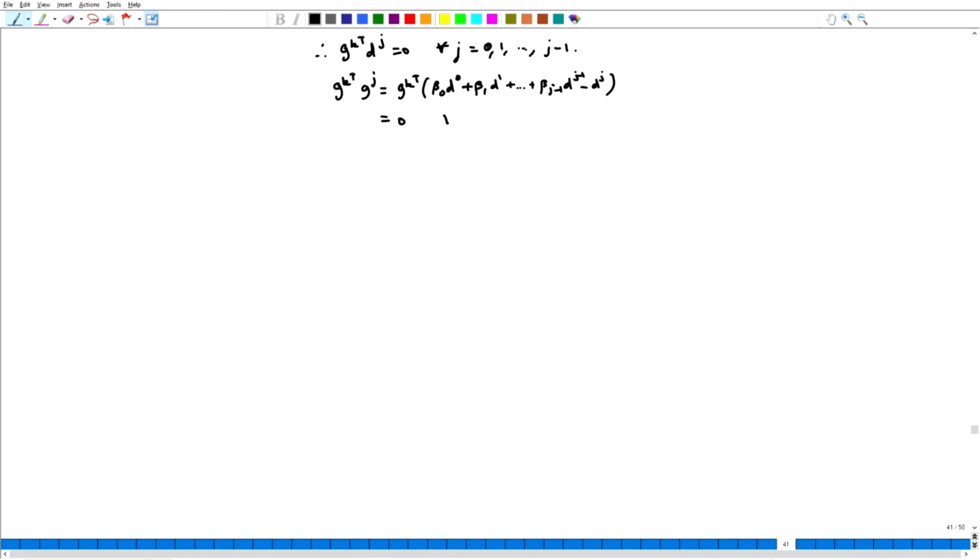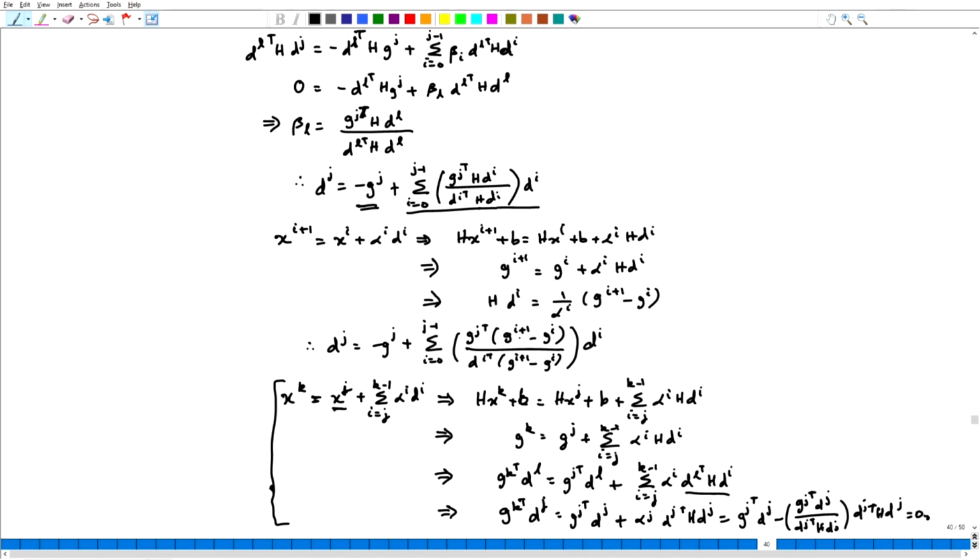So this is 0 for all j from 0 to k minus 1. The basic point I want to stress is that gk transpose gj equals 0 when k is greater than j. So apply that here.